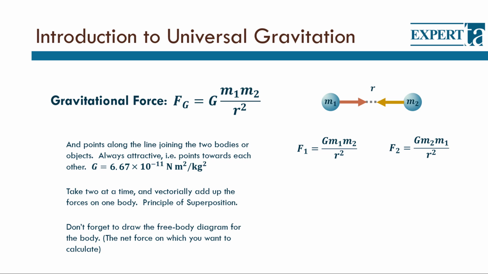Okay, so it is two objects acting on each other, and we consider them pairwise. One object exerts a force on the other object, and the other object exerts a force on the first object. And what do you notice between these two forces? They are equal to each other. It's just m1 m2, m2 m1. It's exactly the same thing, so these forces are equal.